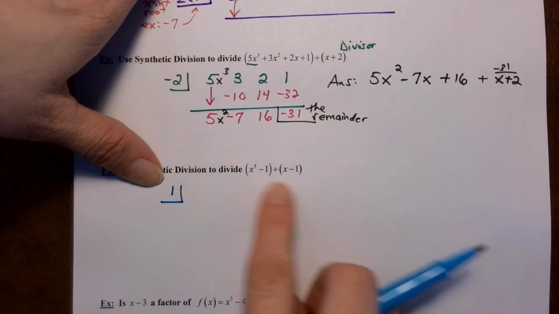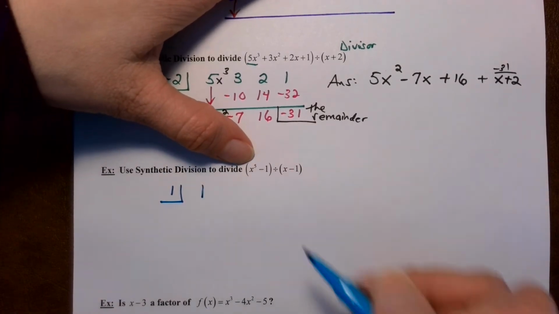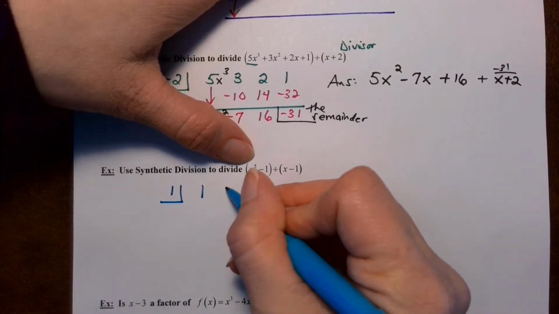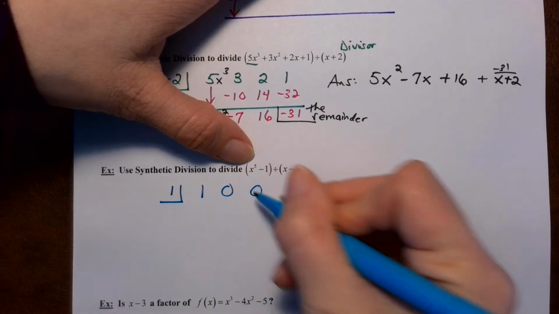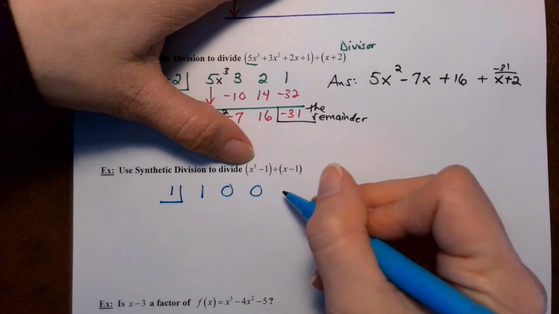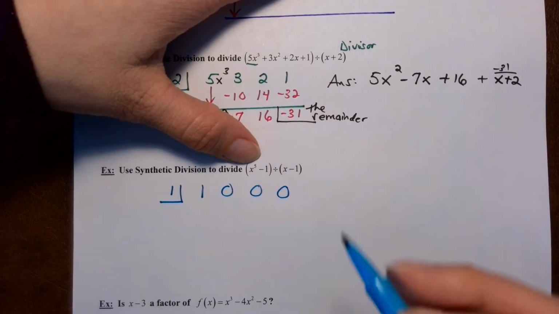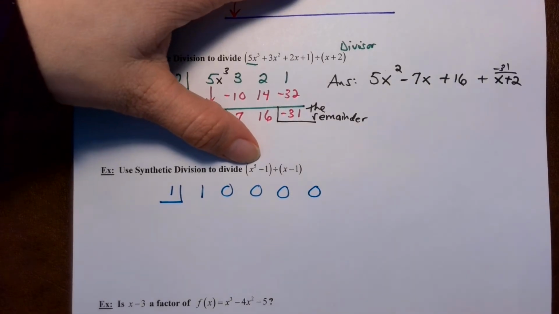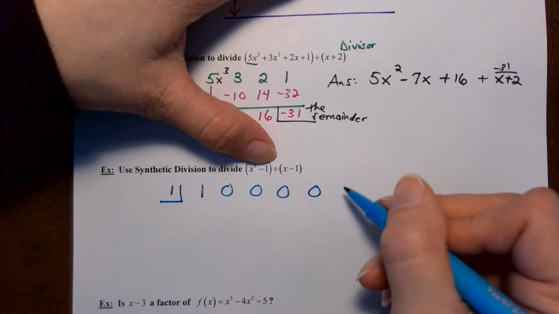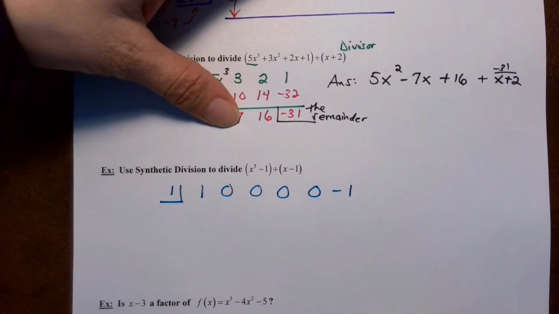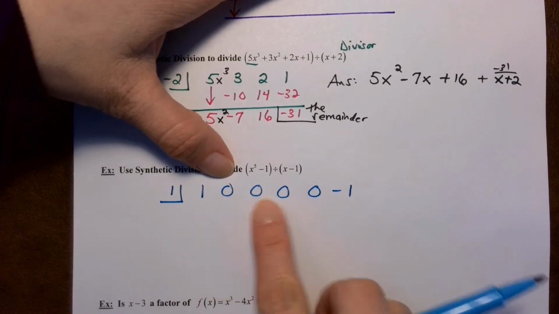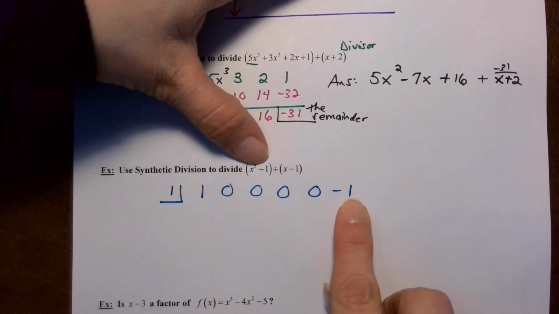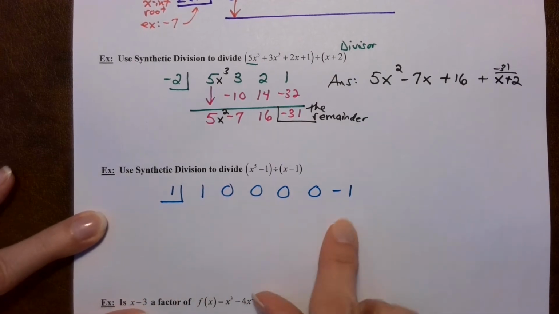Now we have to say there's 1x to the 5th, there's 0x to the 4th, x to the 3rd, x squared, x's, and then there's the constant -1. Let's double check: x to the 5, 4, 3, 2, 1, to the none. Perfect. You have to have one of every column.